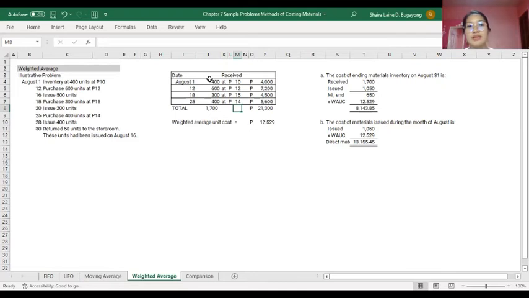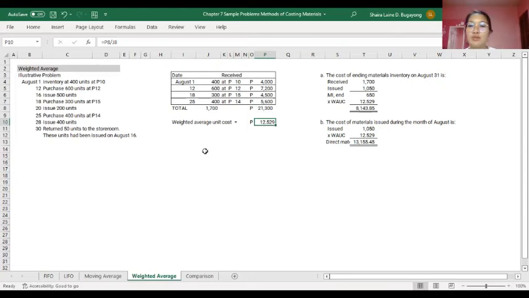Okay, so total units nga purchased is 1,700, and then our total cost is 21,300. So if we divide that one, we will arrive at a weighted average unit cost of 12.529.